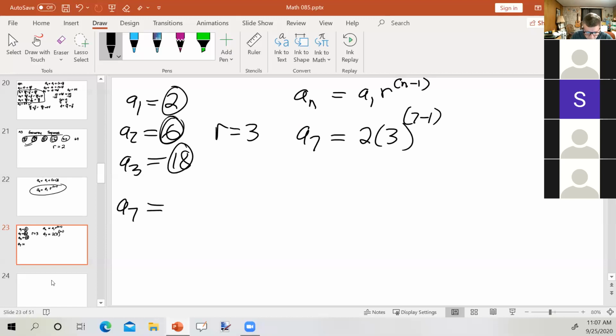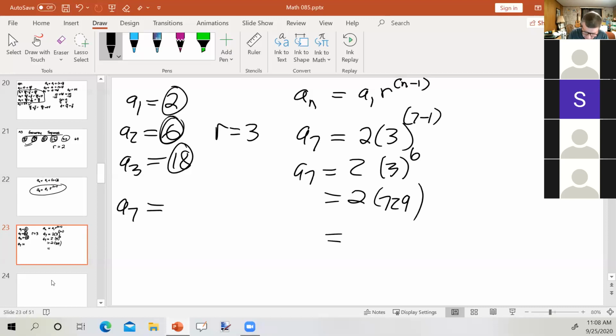Any questions about where I got any of those numbers I plugged in? All right, so a sub 7 is 2 times 3 to the 6th power. Now, recall order of operations. You don't do the regular multiplication first. You would do the exponents first. So this is going to be 2 times, let's see, on my calculator, 3 raised to the 6th power is 729.